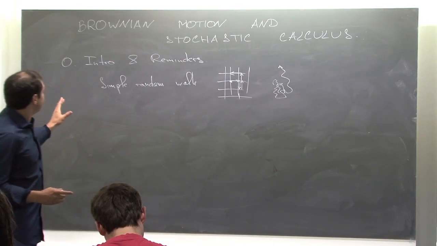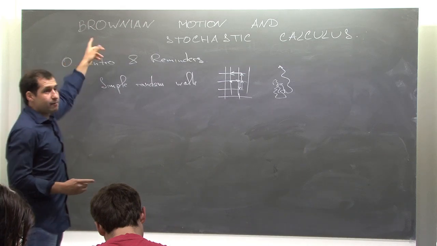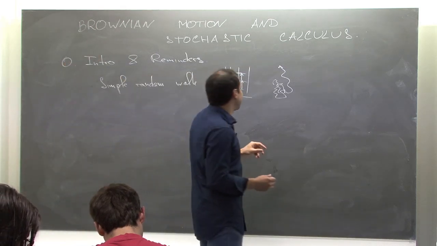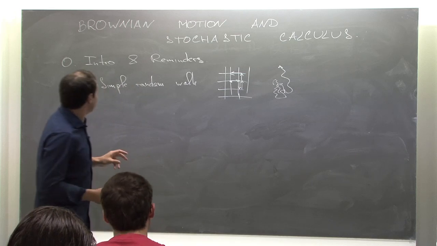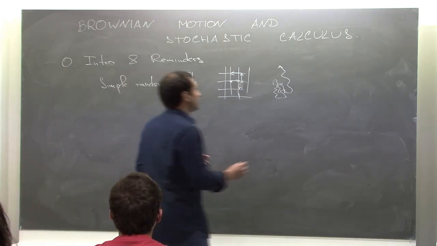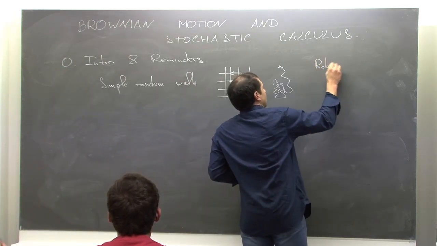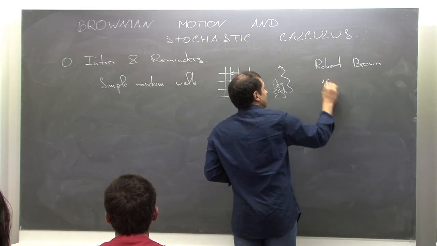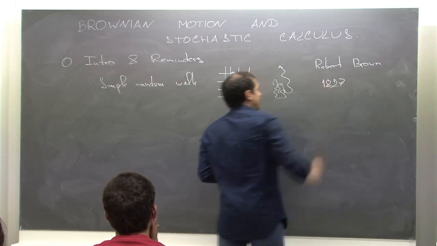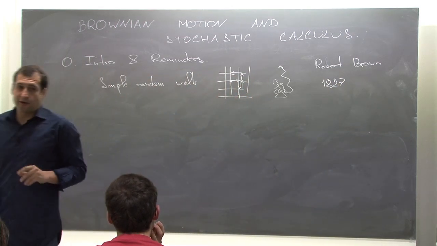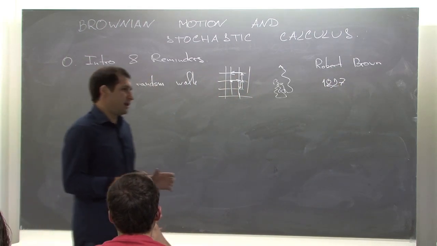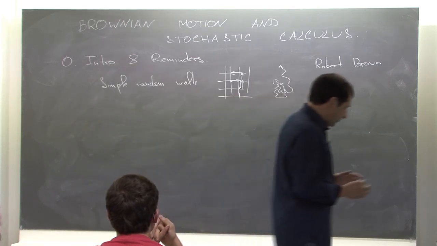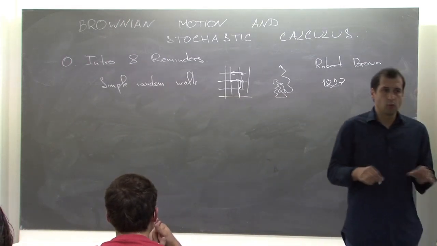Then another small comment: why the name Brownian? Again, I think that many of you actually know the answer. This is due to Robert Brown, who in 1827 described the motion of a big particle, actually a grain of pollen, in water.